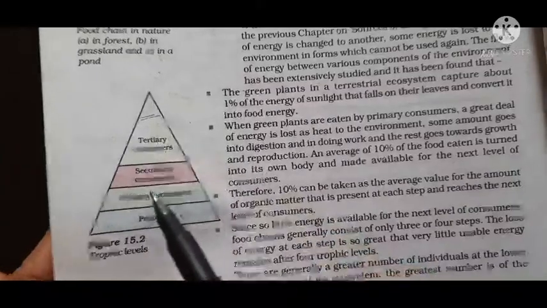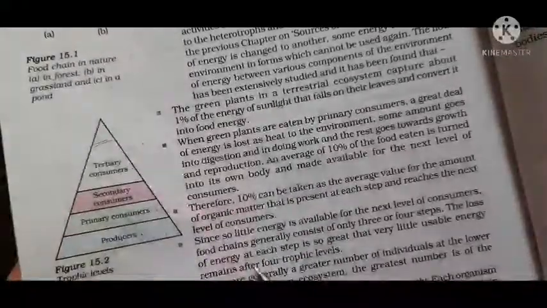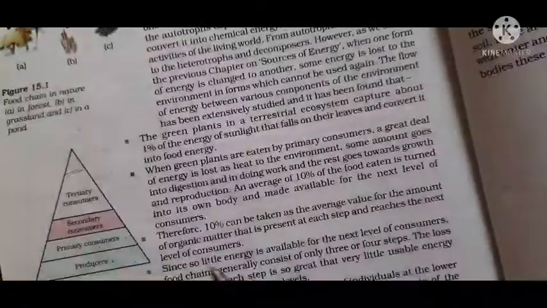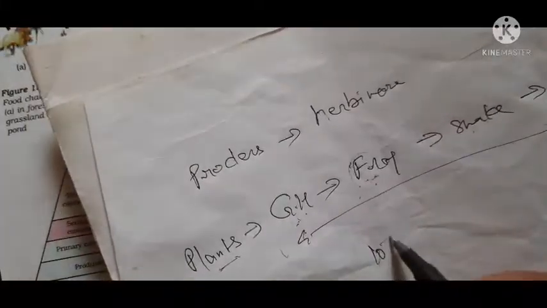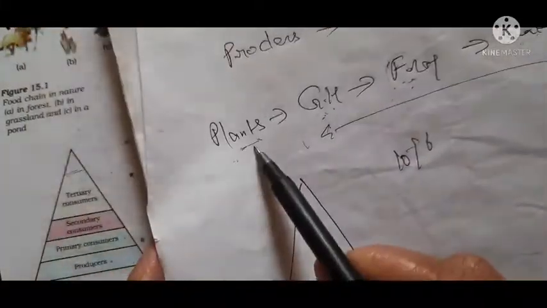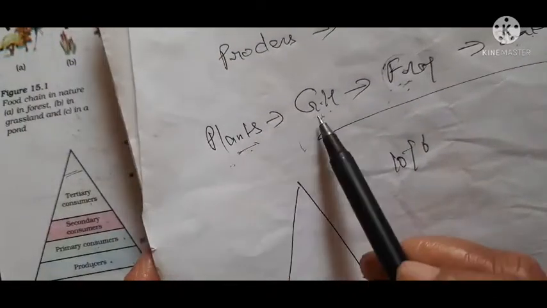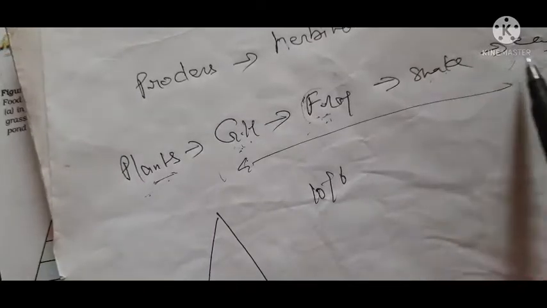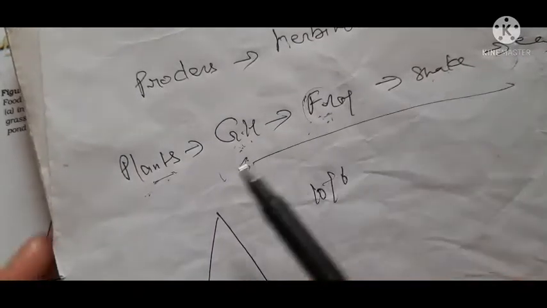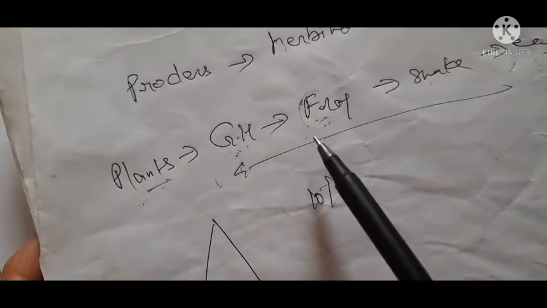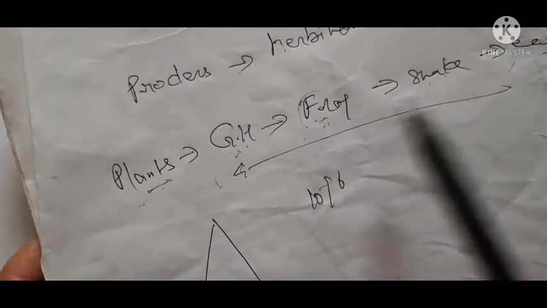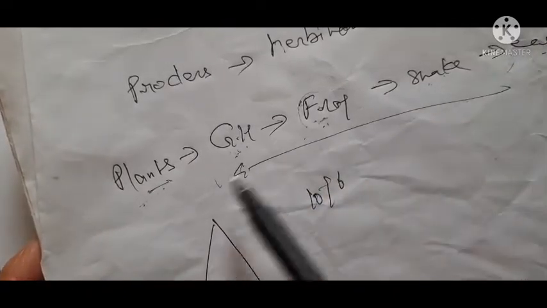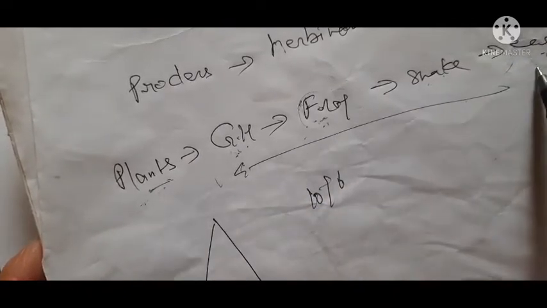The pyramid is not inverted. As we move from one level to another, according to the 10% energy law, the maximum energy is available to plants, then herbivores, then secondary consumers, tertiary consumers, and top consumers. So the amount of energy decreases in a food chain when we move from the lower to the higher level.